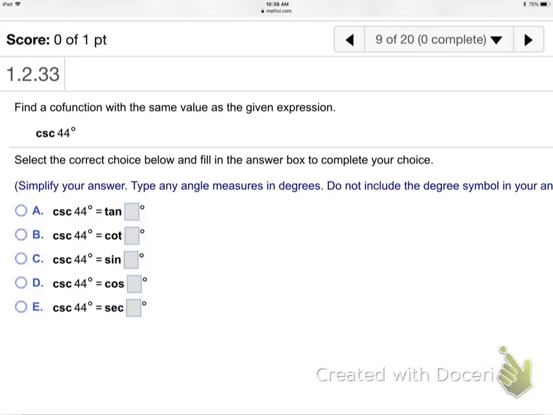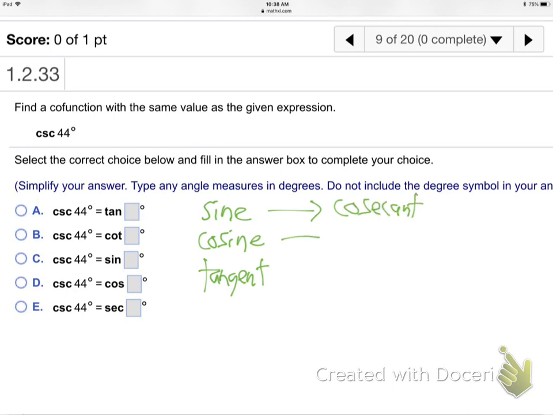Okay, so they're giving me cosecant. Let me write these out. Remember how we have sine. Let me write the whole words out now. Sine, cosine, tangent. I think it's helpful to see the entire words now. Upside down would be cosecant. I've been saying it but not writing it. Secant and cotangent.